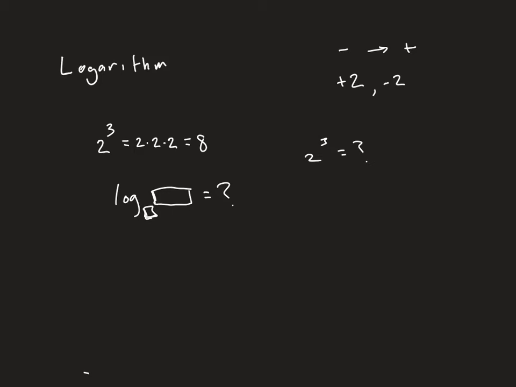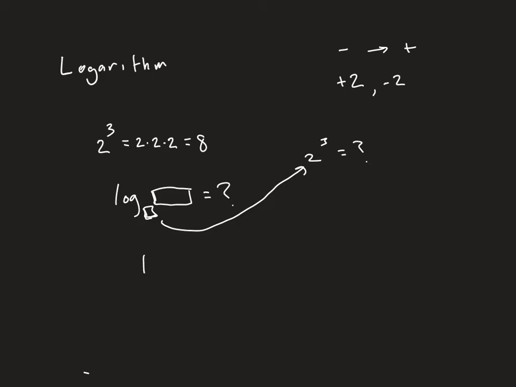Well, we solved it, it equals 8. So the inverse of that in this case would be the base, what goes in that bottom, is what is in the bottom of our exponent, 2. So our exponent has a base of 2. So our log is going to have a base of 2.